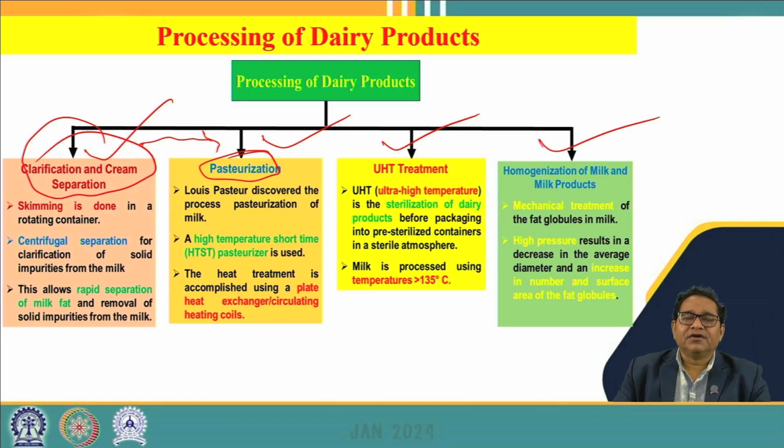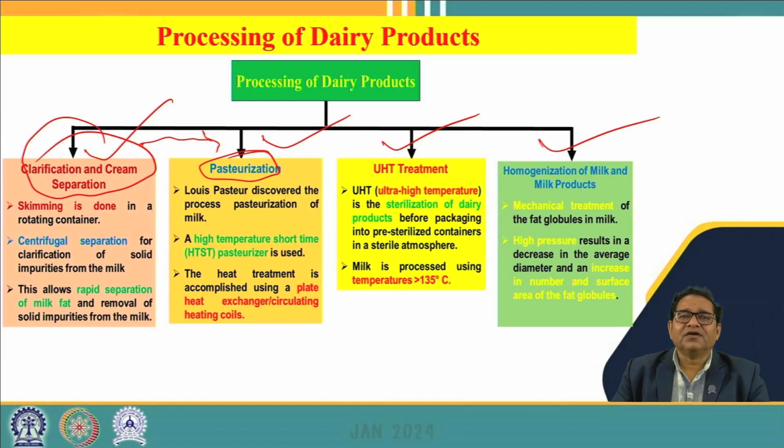And then heat treatment is accomplished; in this process the heating is done by the use of a plate heat exchanger or circulating heat coils. So these are the two methods that can be used, because this process is carried out at high temperatures.